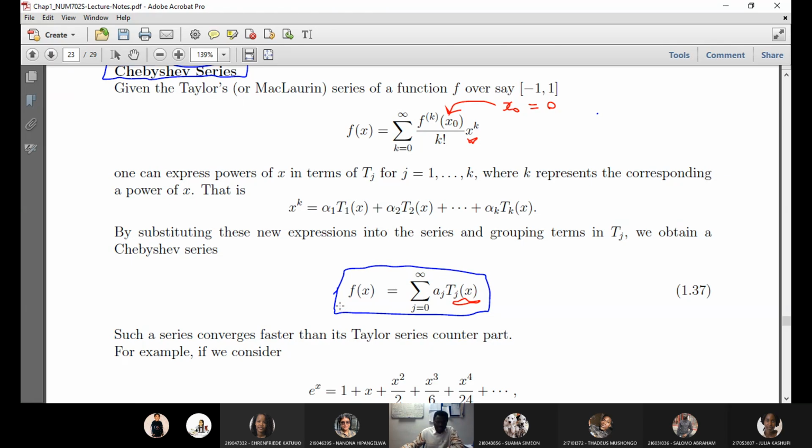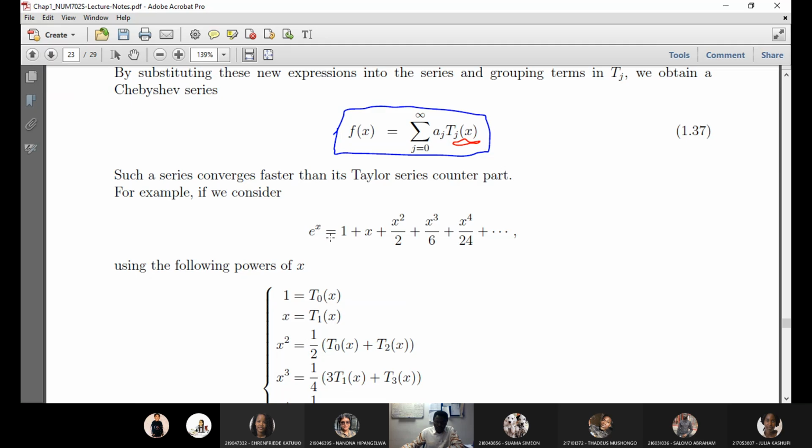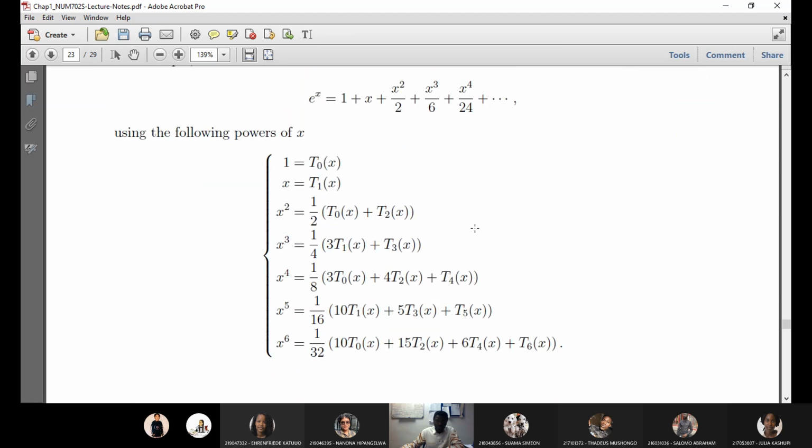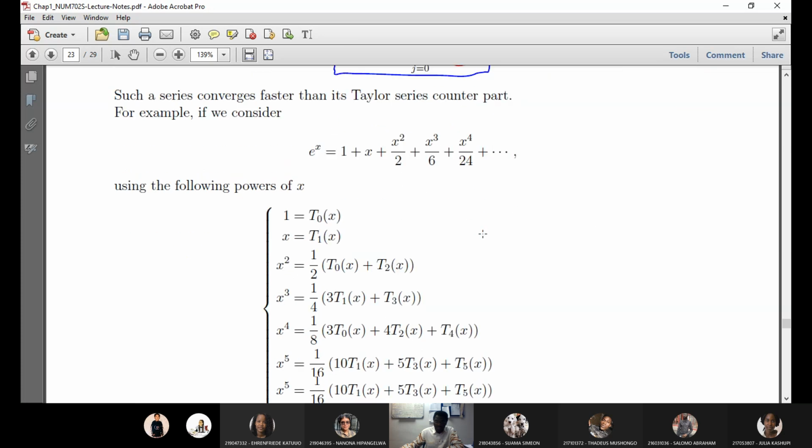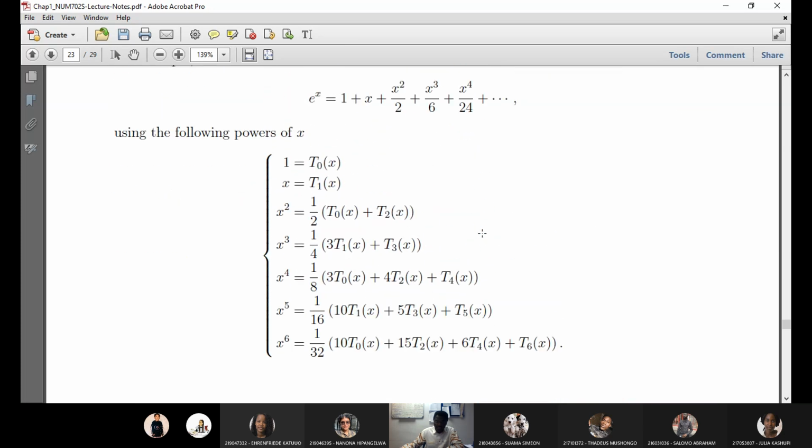Okay, so let's look at this example. You can see that if you want to expand exponential x in terms of a Chebyshev series, actually, we are supposed to get all the x^k up to infinity, but we cannot do that. Here, we will just use a few of them. See here, for instance, we computed up to x^6.